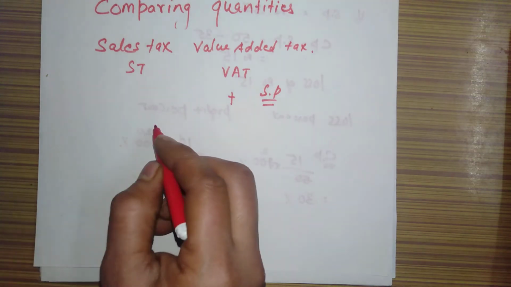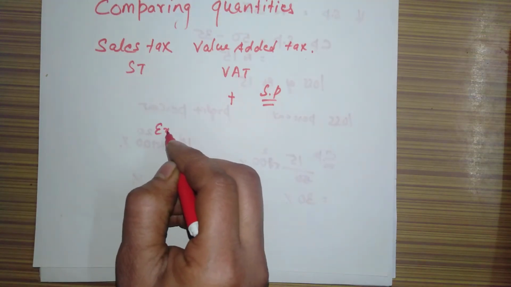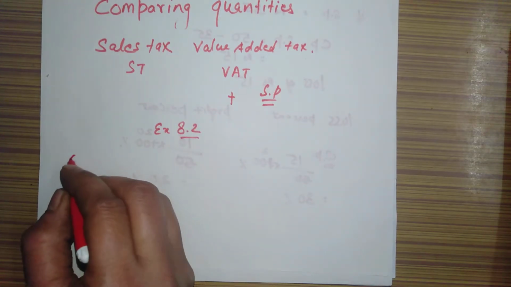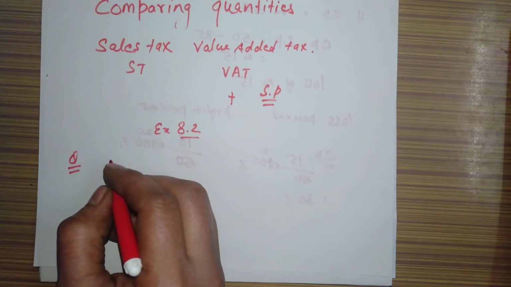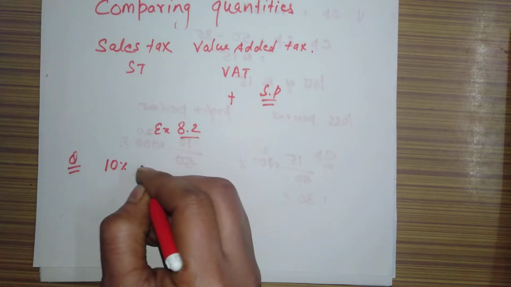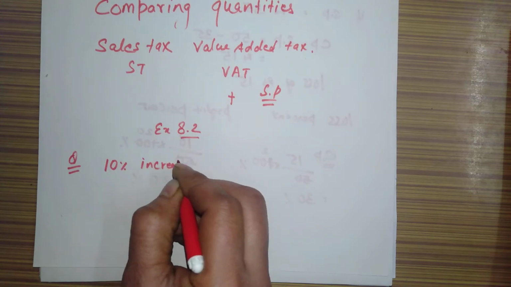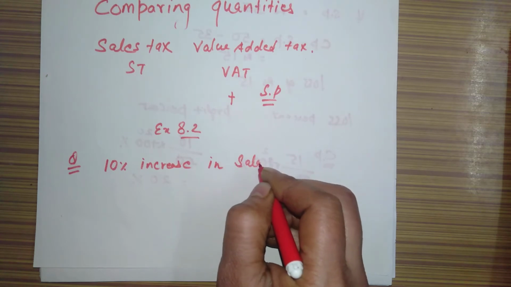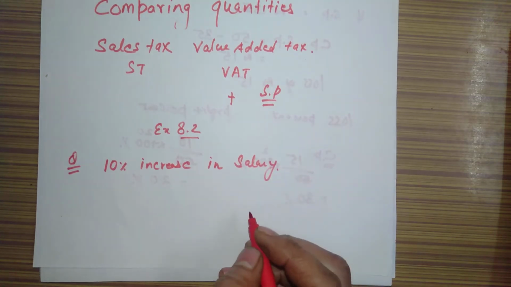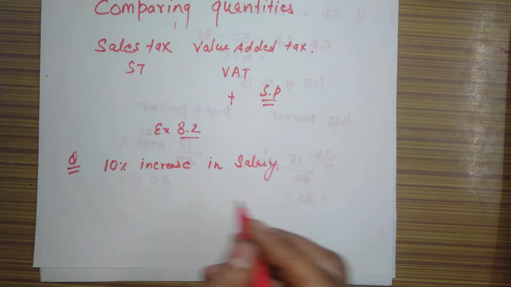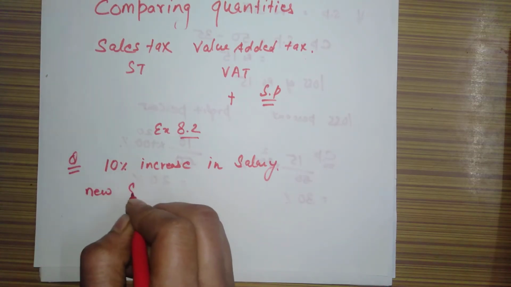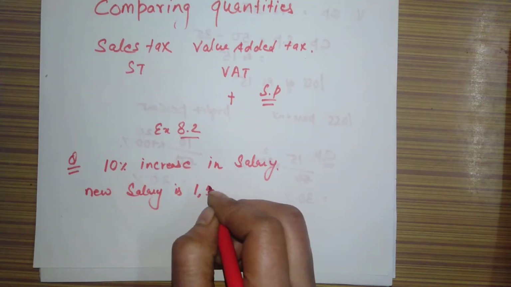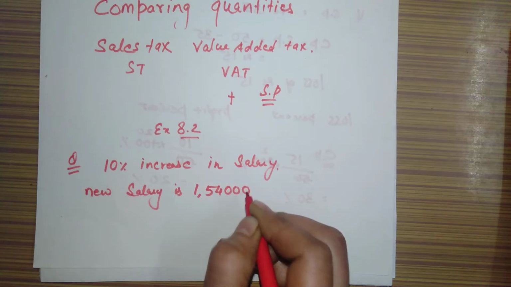Now the exercise questions. Exercise 8.2. The first question is, a man got 10% increase in salary, and the new salary is 1,54,000.